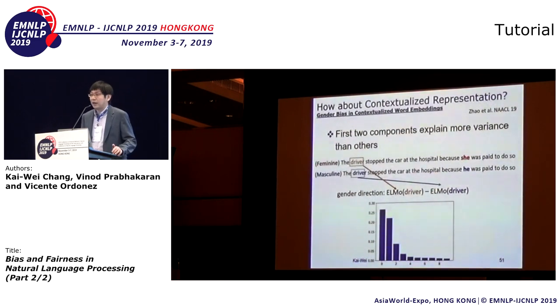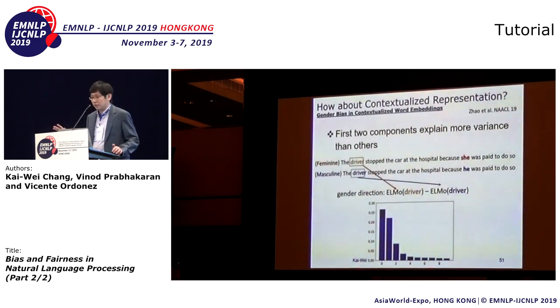If you look at the projection of those words in these two dimensions, you will find that one dimension captures the implicit association of the occupation word to gender, and the other dimension captures the he or she in the same sentence.